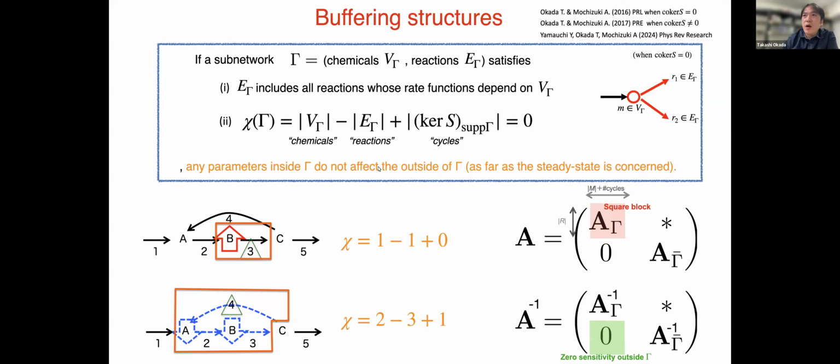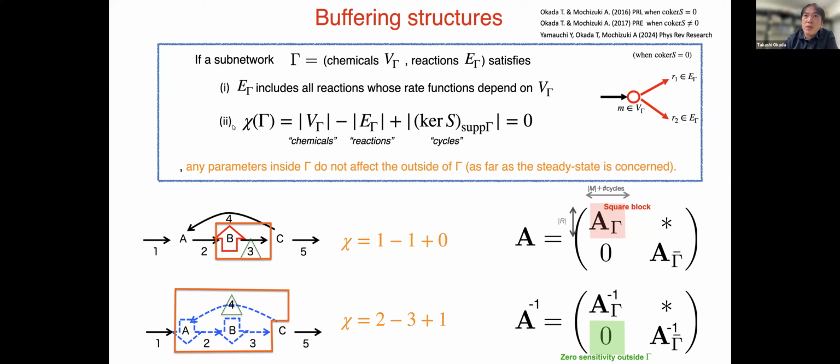Okay, so in this way, we can understand which part of the network is influenced by a given perturbation based on some structure conditions. And the proof is actually very easy, but I won't go into the details. Basically, these two conditions imply that the matrix A has a block triangular shape, as shown here.